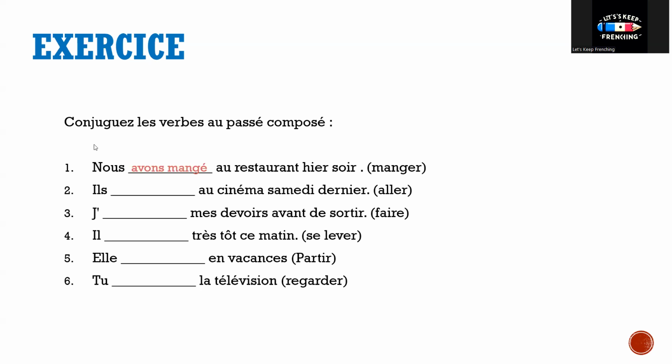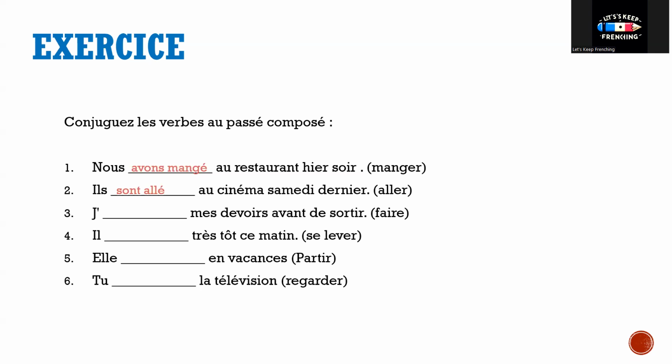Il au cinéma samedi dernier. The verb aller. This verb is a verb of movement, right? So if it is a verb of movement, I need to conjugate it with the auxiliary être. So that will become ils sont allés.